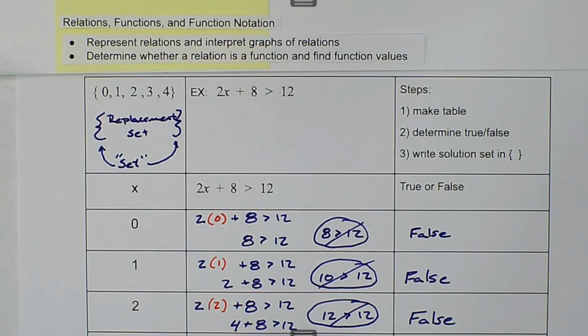And then the last one here, we have 4. That's not right again. We have 2. Multiply that by 4. Making all kinds of mistakes. 2 times 4 plus 8 is greater than 12.